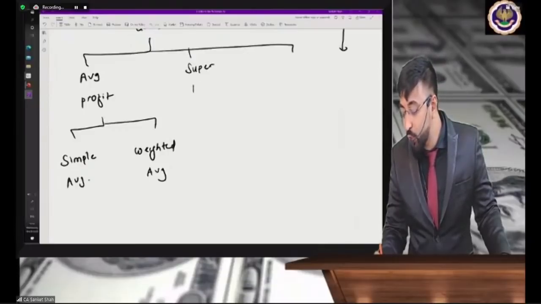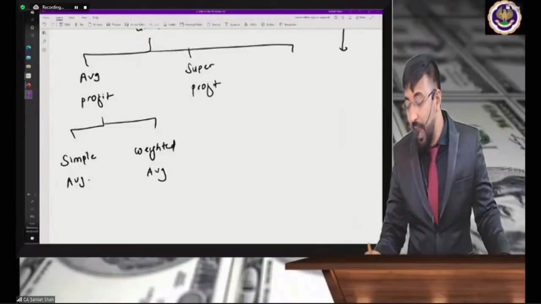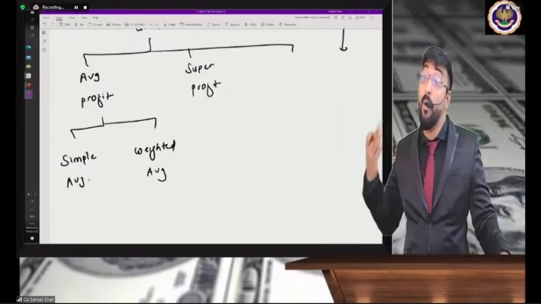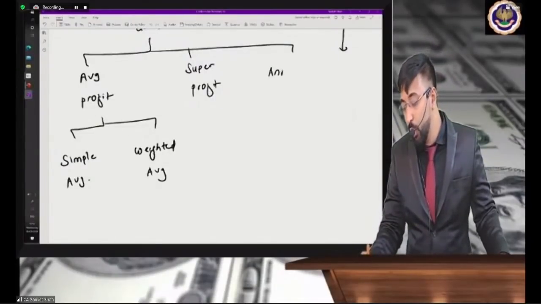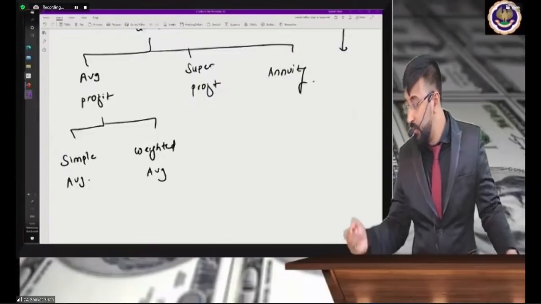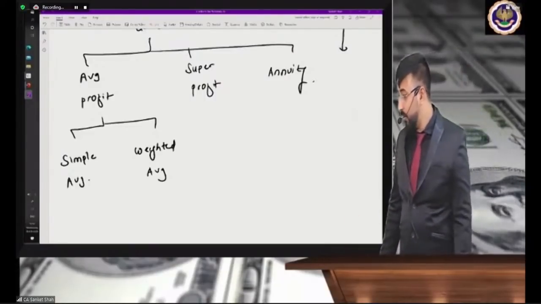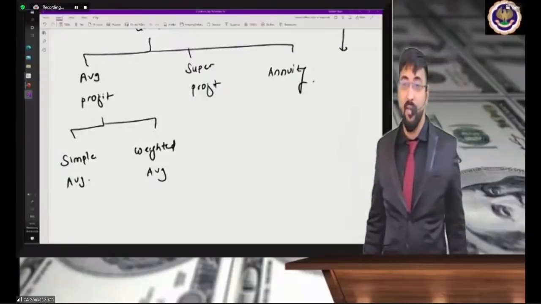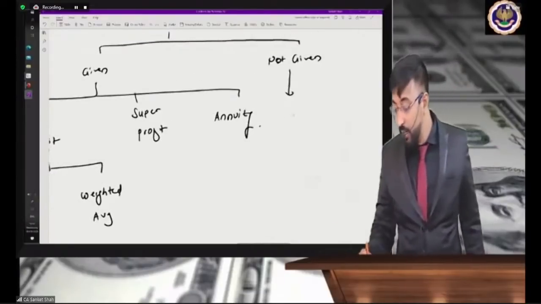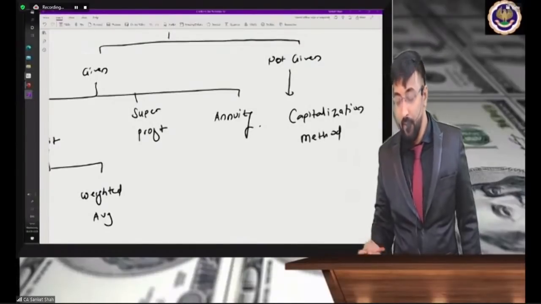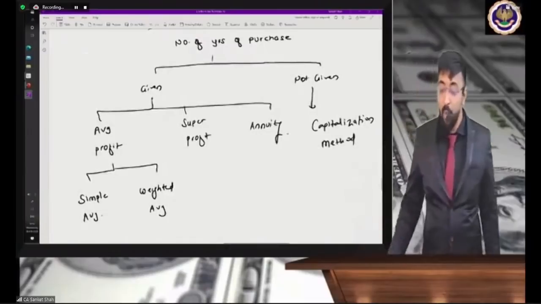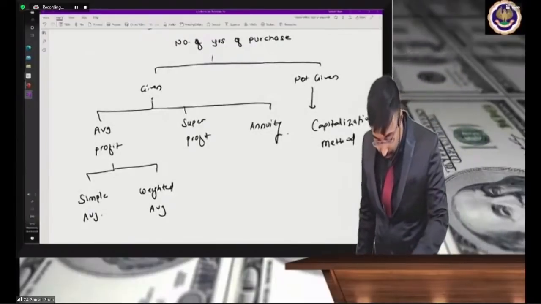Second method is super profit method. नाम से छुपा हुआ है, it's a super means excess profit method. And third one is annuity method. Okay, so there are 3 methods in this. And if not given, there is only one method, which is called as capitalization method. So beta, number of years of purchase given and not given.